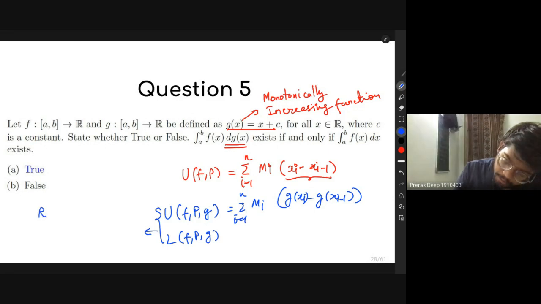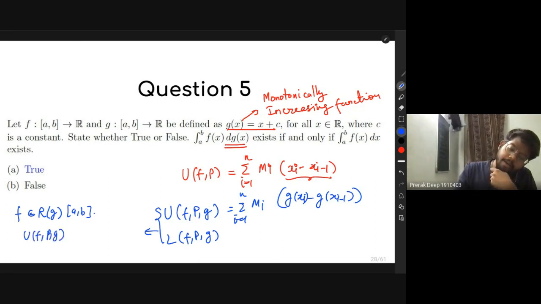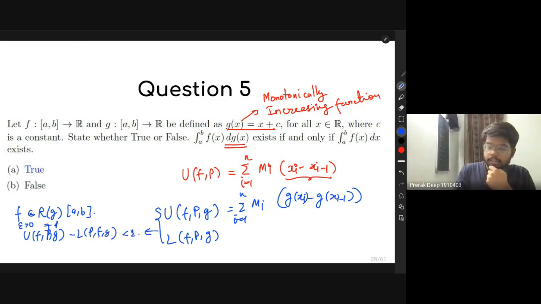So we denote it by R_g[a,b]. We say a function is Riemann-Stieltjes integral if, for any epsilon greater than 0, there exists a partition such that the difference U(P,f,g) minus L(P,f,g) is smaller than epsilon.